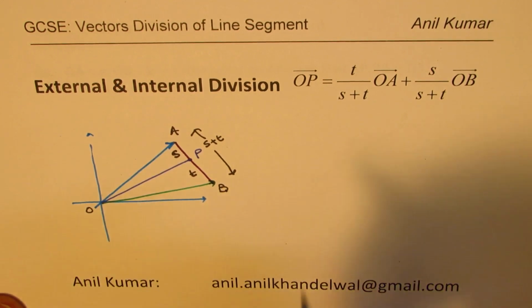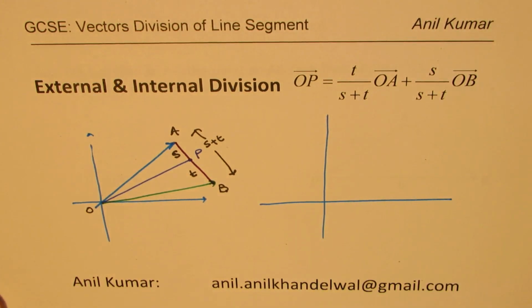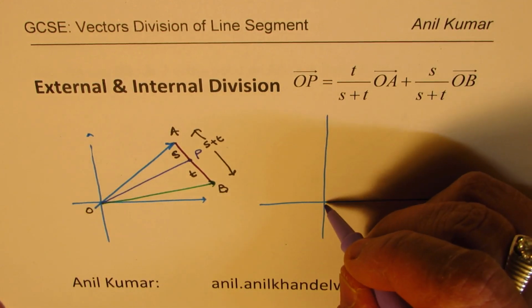Now this formula can be utilized for both external and internal divisions of a line segment. So let me draw another example here where we will take P as an external point.